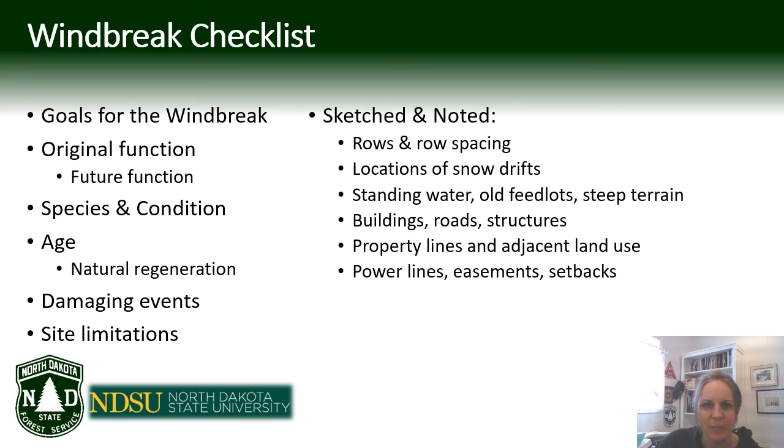And we've sketched the windbreak, noting things like in-row spacing, between-row spacing, tree height, locations of troublesome snowdrifts, standing water, old feedlots, steep terrain, buildings, roads, other structures, property lines and adjacent land use, and of course, any overhead power lines, easements, or setbacks.